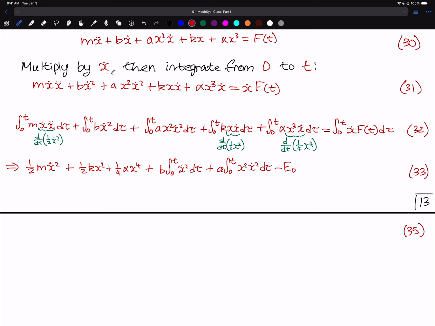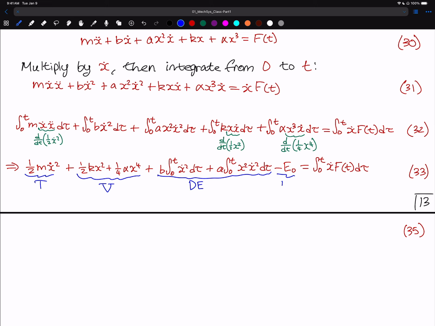It's now going to be equal to the integral from 0 to t of x dot f of t d tau. And here we have our kinetic energy. We have the potential energy. We have the dissipated energy, dE.